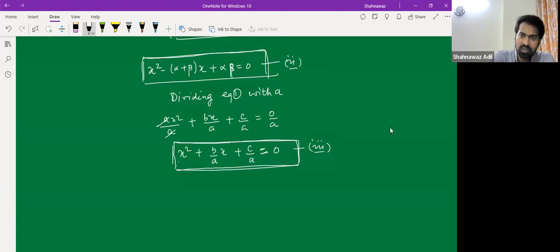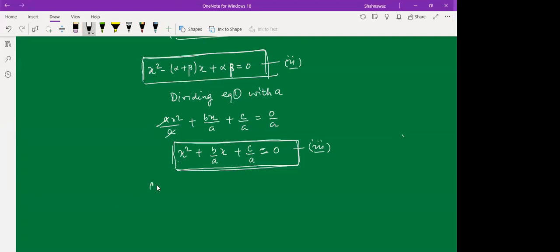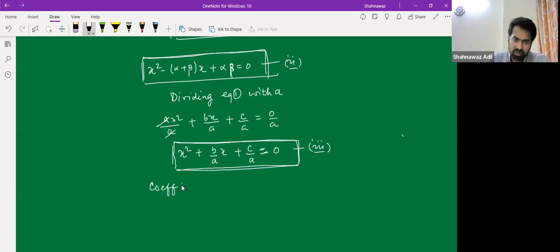So what is the coefficient of x? The coefficient of x in the second equation should be equal to the coefficient of x in the third equation.